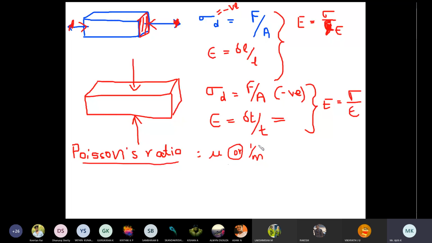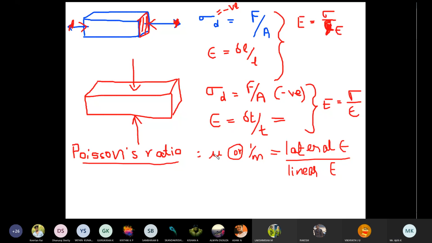So mu and 1 by m are the same Poisson's ratio. And what is Poisson's ratio? It is the ratio of lateral strain divided by linear strain. So mu is given by lateral strain divided by linear strain. This is Poisson's ratio. And in most applications, this mu value will be around 0.3.